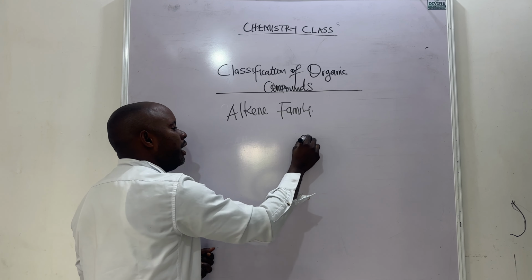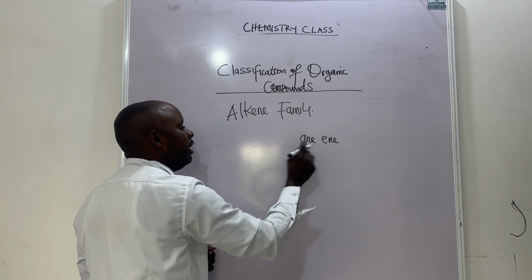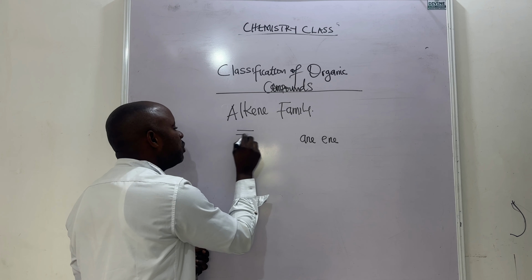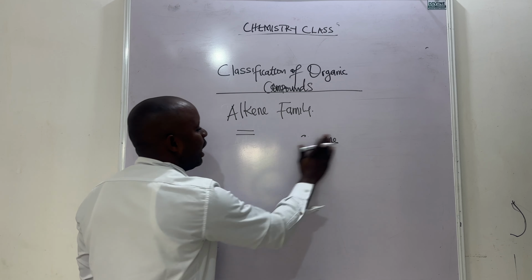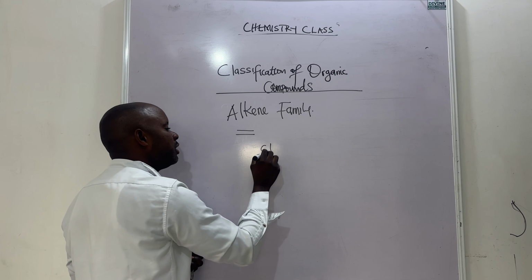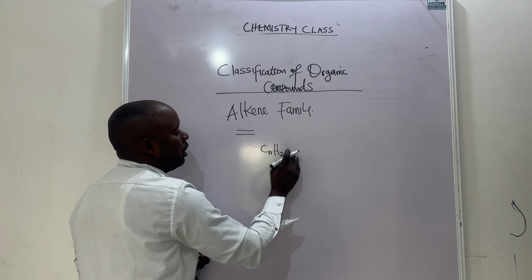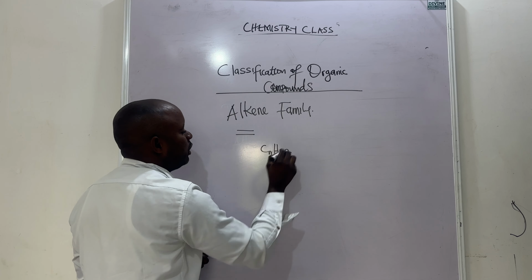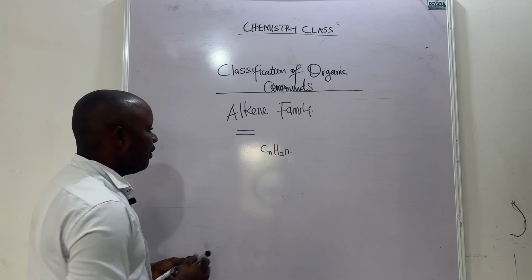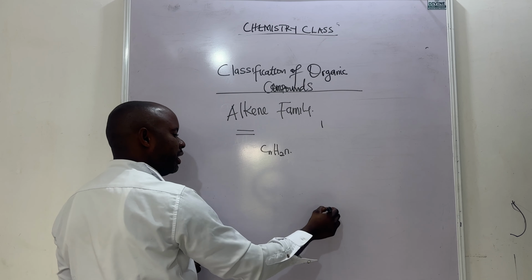Instead of adding ANE, it is changed to ENE, and it has a functional group. It has a double bond as a functional group, and it is given by the formula CnH2n, just H2n. So we're going to have the first member to the tenth.